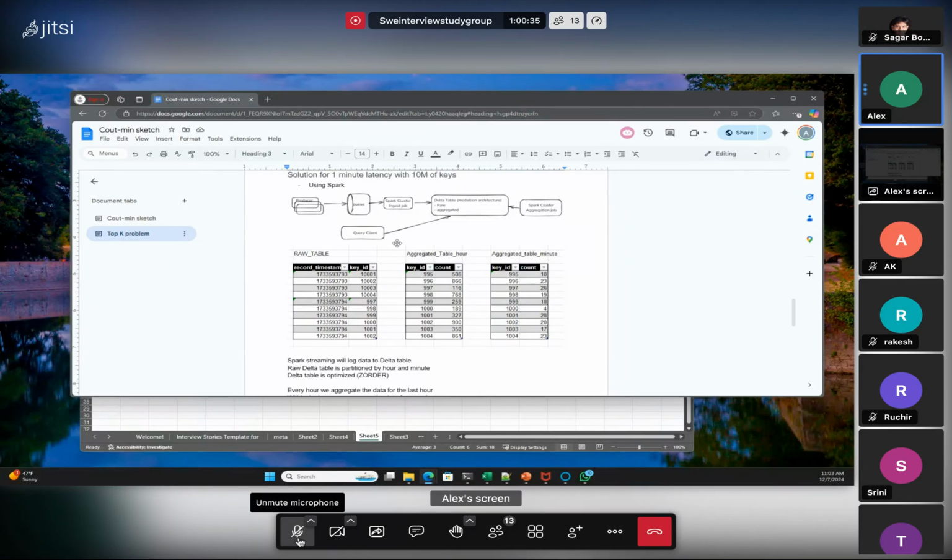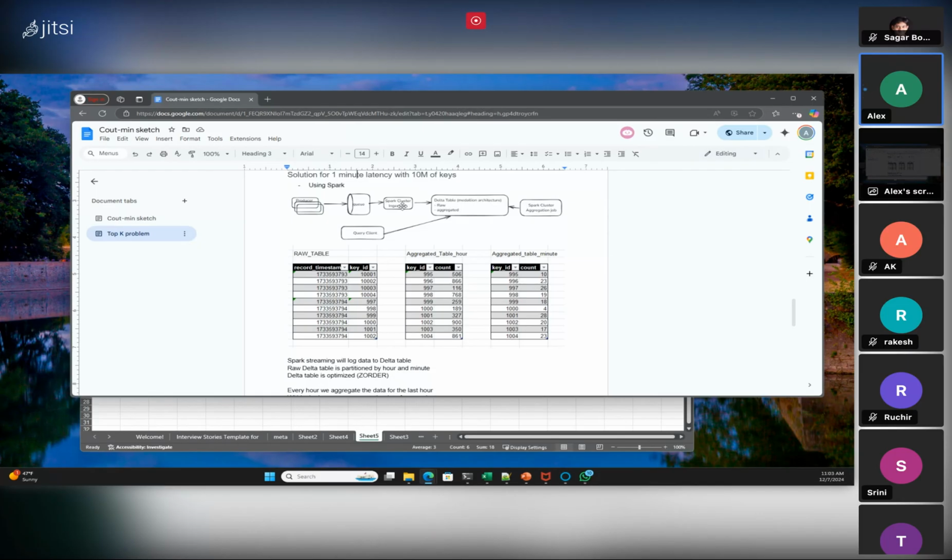MapReduce and Spark are very similar, so Spark does it in memory. In this example, Spark has a built-in library to read a Kafka queue, to subscribe to the stream of events. The first ingest job does nothing besides reading events into a data frame and saving them to the Delta table.